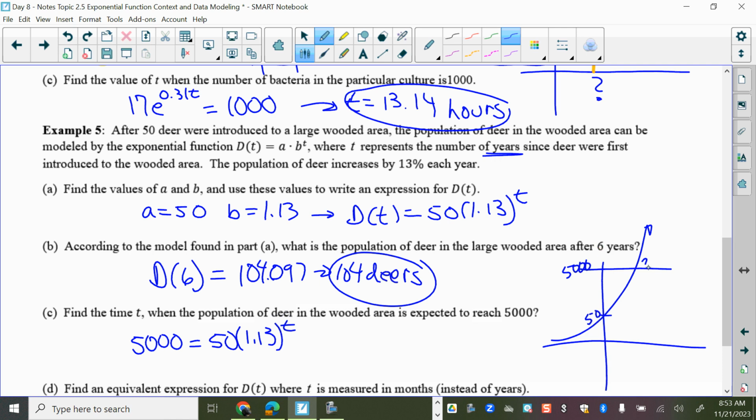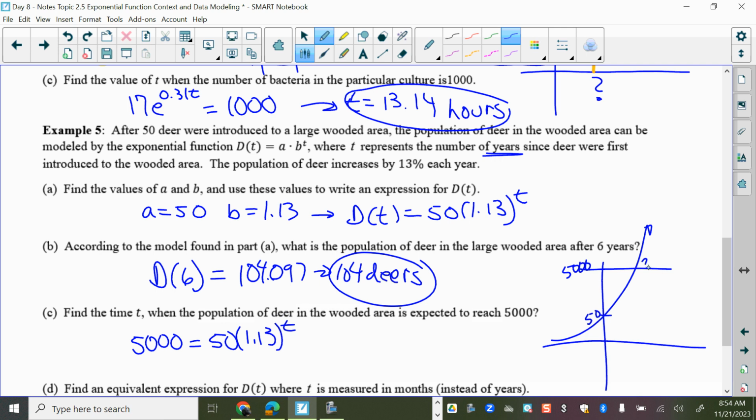All right. So put D of T in your Y1. Graph 5,000. Figure out where they cross. So you're going to have to change your window. Change your Y max to something above 5,000.